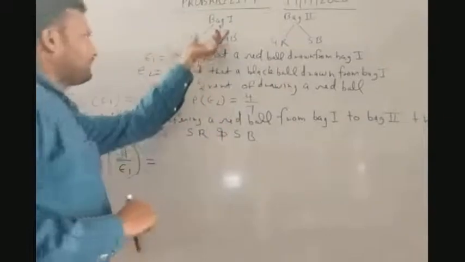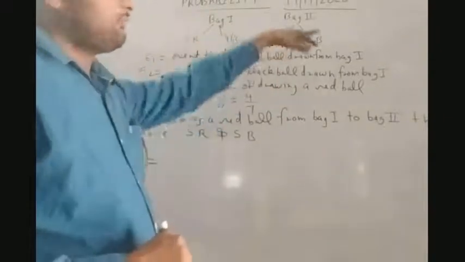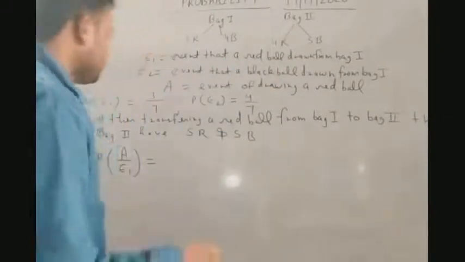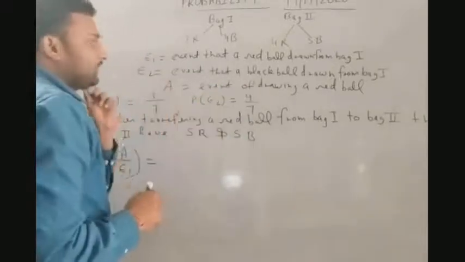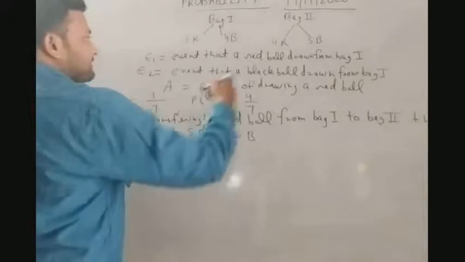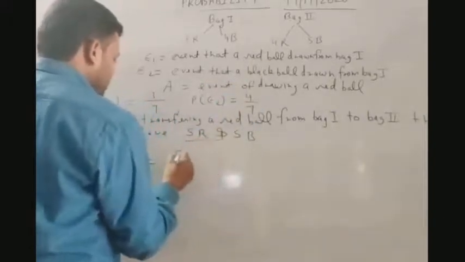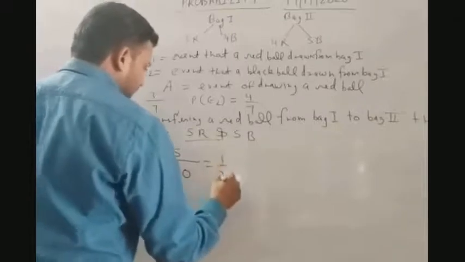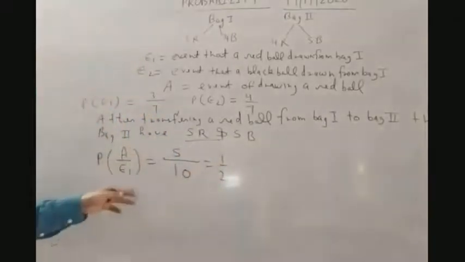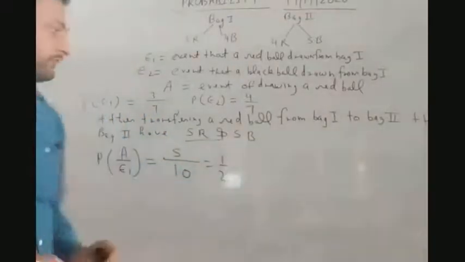We are taking a red ball from bag first and sending it to bag second. Then the probability of getting a red ball: how many balls are there? 5 red balls and total 10. So it will be 1/2. The probability of A given E1 is 1/2.